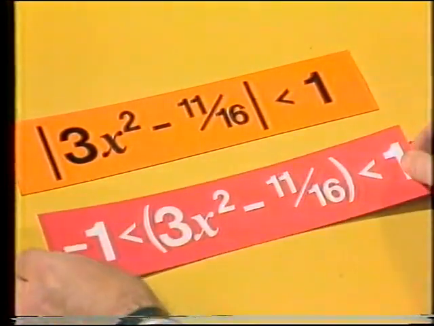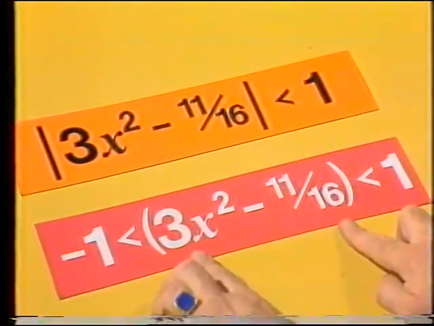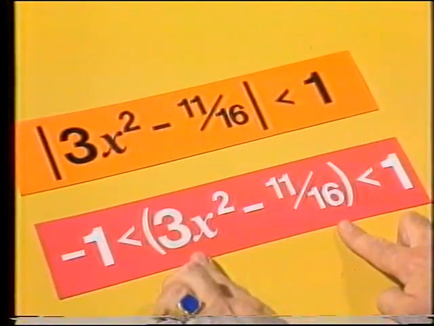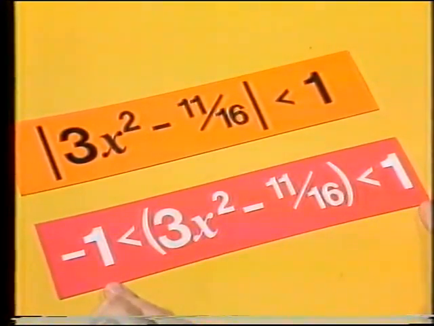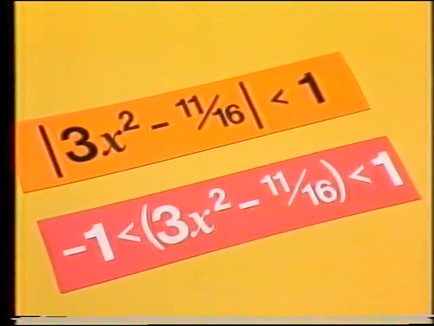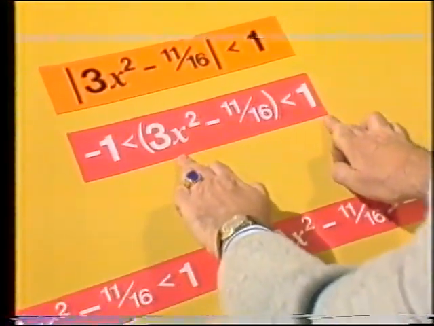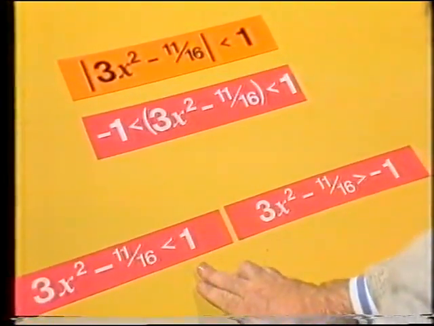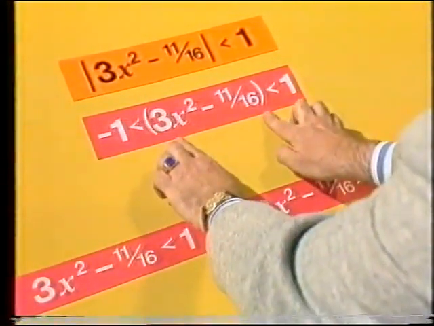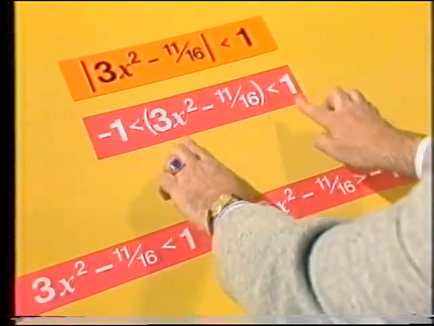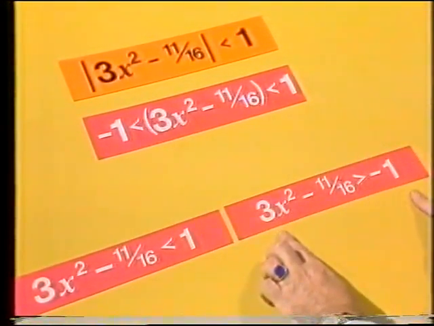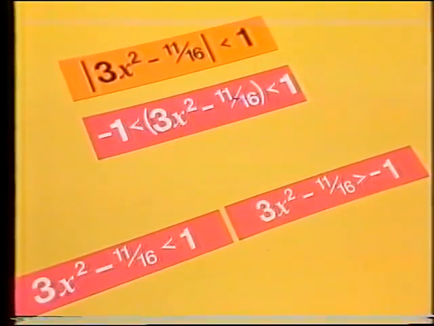Another way of saying the same thing is that (3x squared minus 11)/16 lies between -1 and +1. So basically we've two inequalities. There's (3x squared minus 11)/16 is less than 1, and (3x squared minus 11)/16 is greater than -1. And we've got to find the values of x which satisfy both inequalities at the same time.